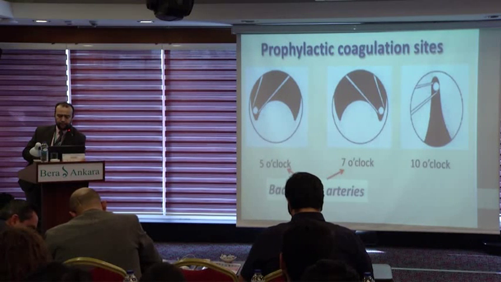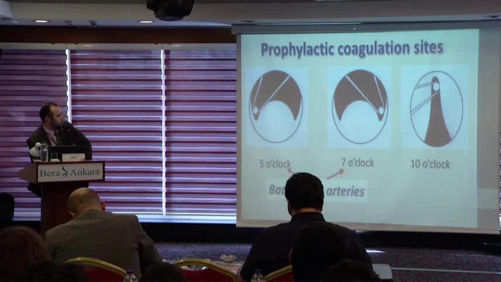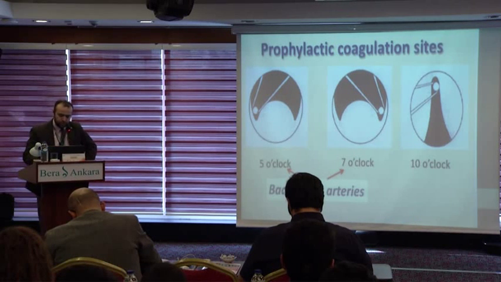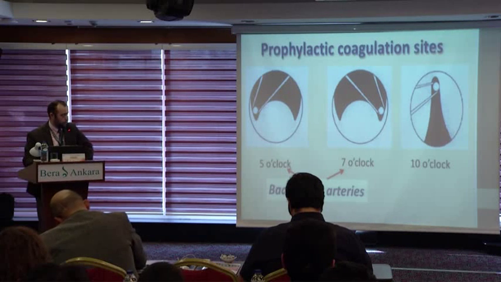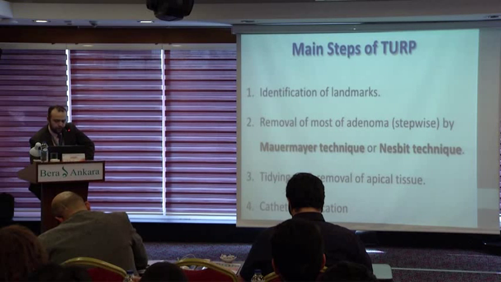The important coagulation sites are the 5 o'clock and 7 o'clock sites for the Badenoch's arteries. It's one of the main points of the surgery to have better coagulation, and 10 o'clock is one of the other artery points.